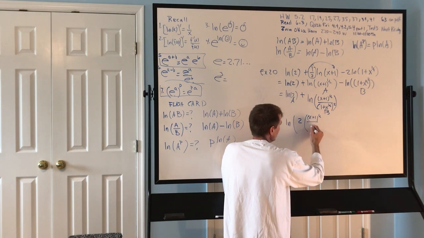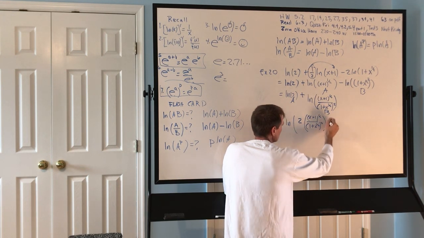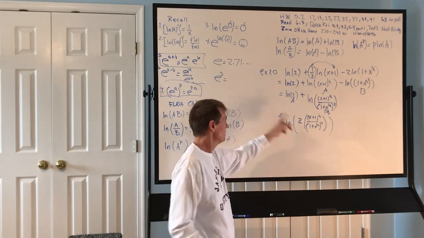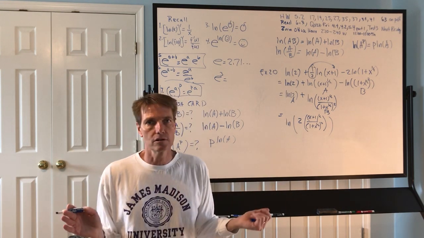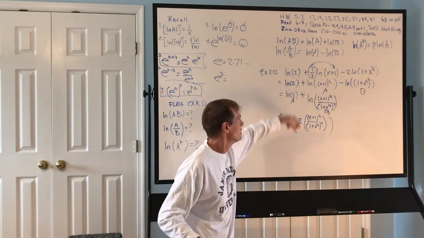Take it up to the numerator. That's probably the way the book would put it in their answer, but I don't care. So this would be the natural log of a times b. Now how many natural logs do you see? Now we only have one, and all of this is equivalent to there.